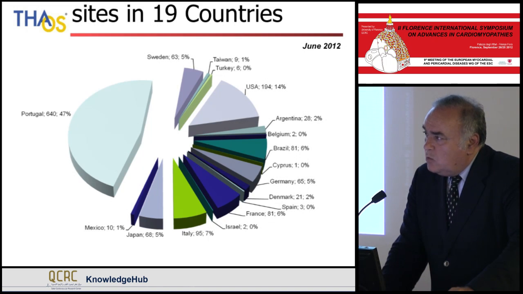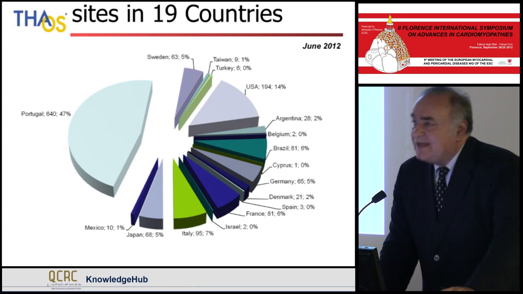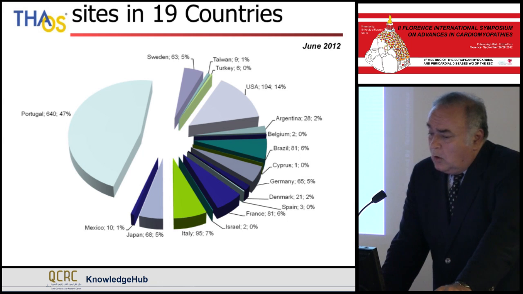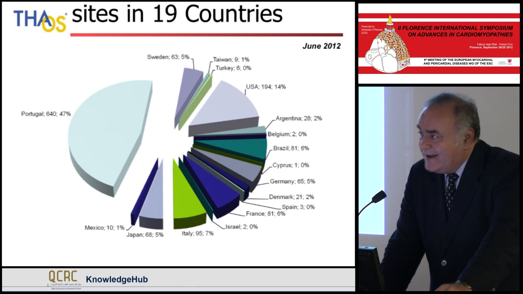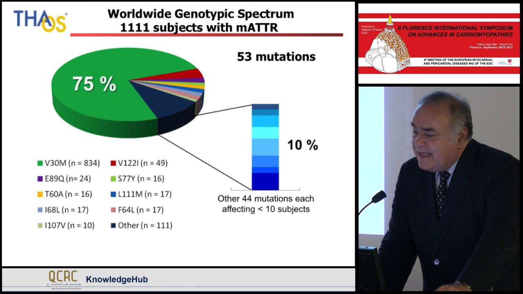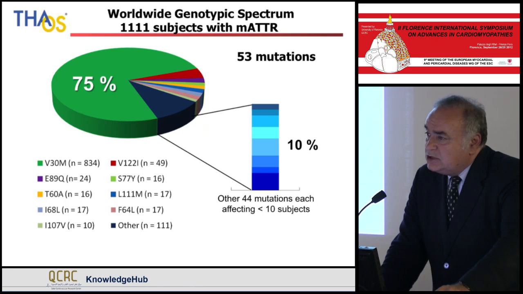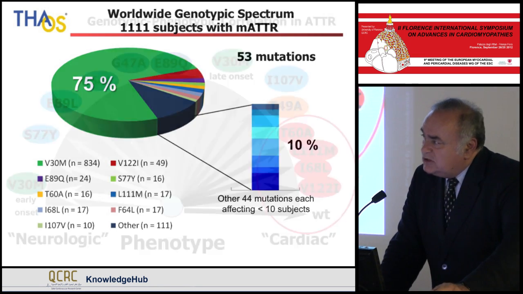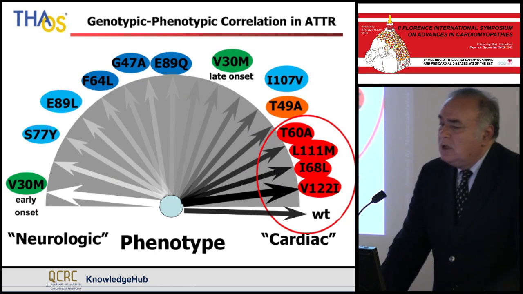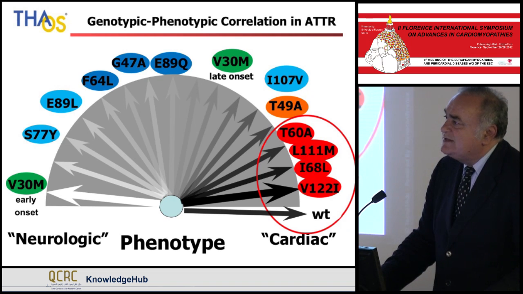So recently, we, with Pfizer, decided to set up a worldwide registry, which is now collecting around 1,500 patients with this disease. You know the geographic distribution of these patients. And we found that 53 mutations are responsible for the disease. And there is a useful, albeit funny, since the gene is very small, as you know, genotype-phenotype correlation in this disease.